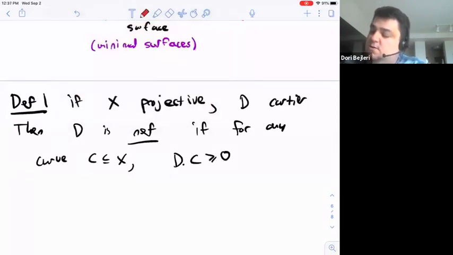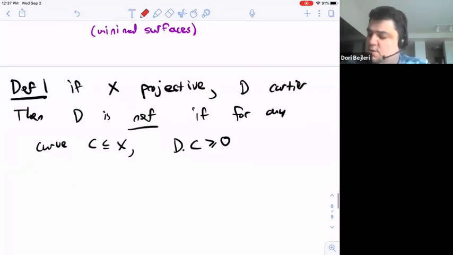And whatever intersection theory we'll need in this class, we'll cover later. But for this case, we can define this as the degree of the pullback of the line bundle OX of D to the curve.